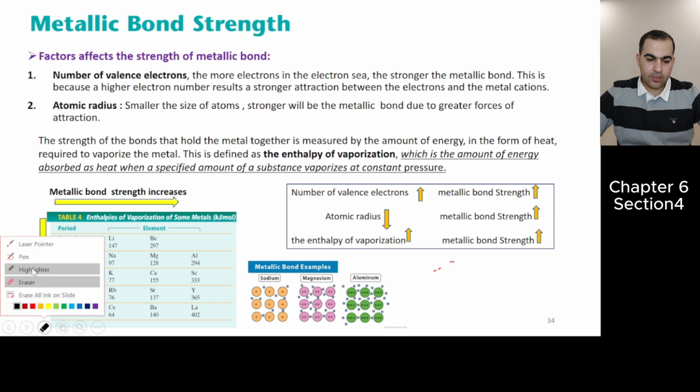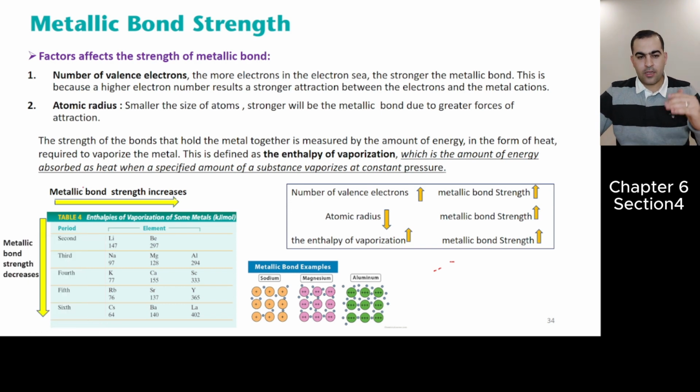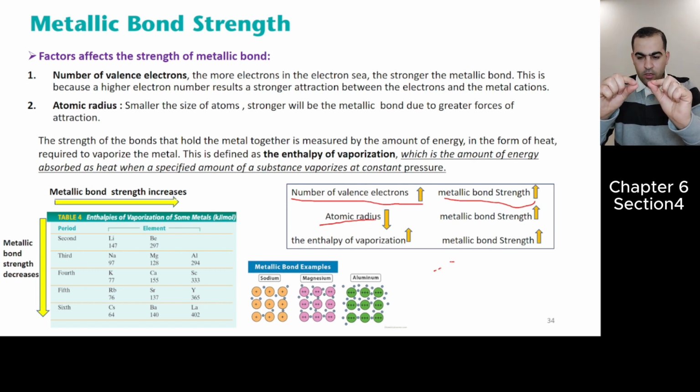We know these factors affect the strength of metallic bonding: the number of valence electrons and the atomic radius. When the number of electrons increases, metallic bond strength increases. When atomic radius decreases, meaning those metals' atoms are small, there is a strong metallic bond between the atoms.